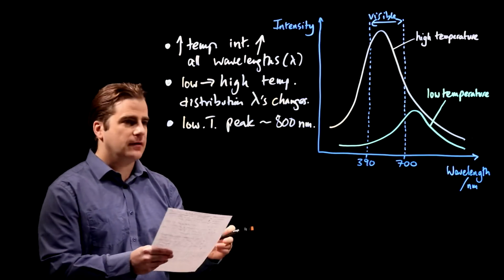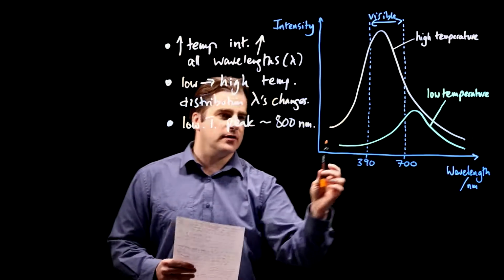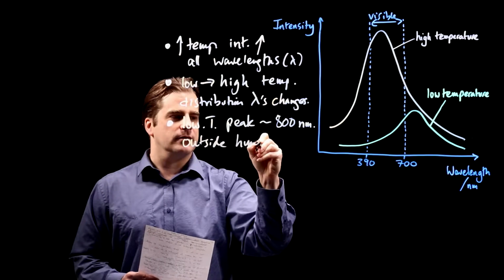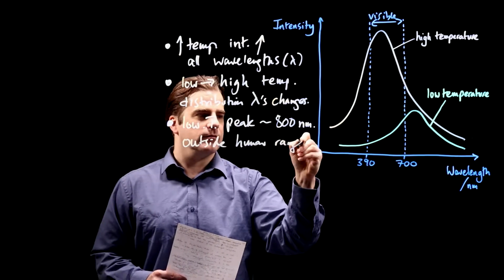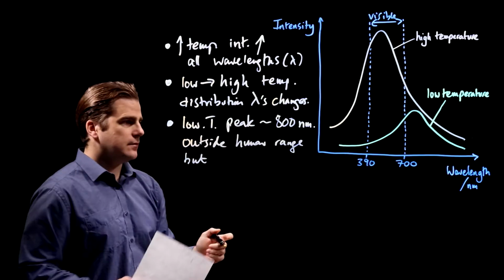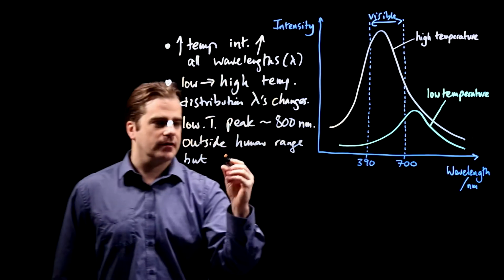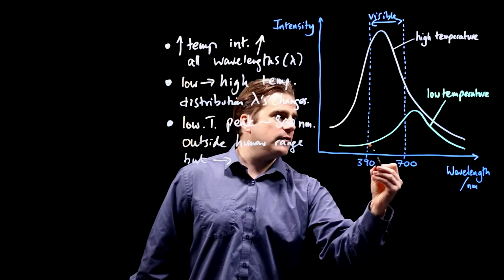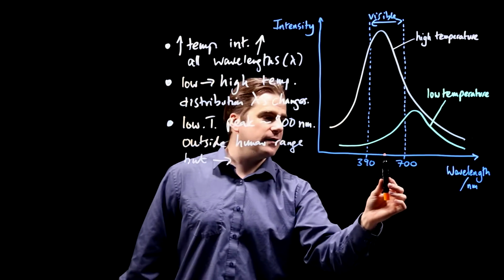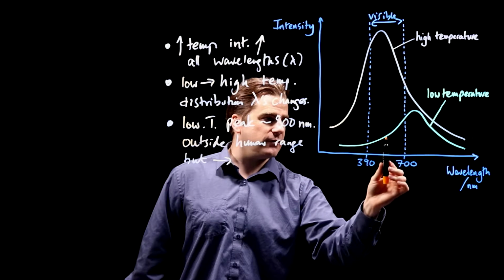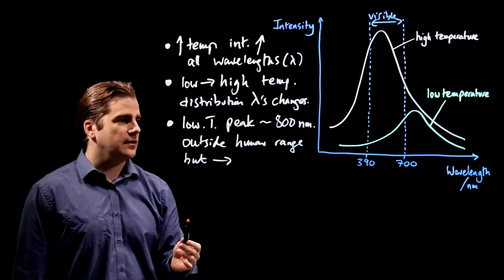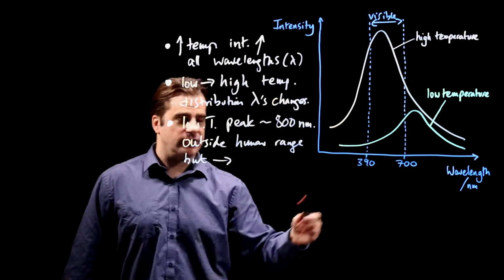So, at low temperature, the peak is around 800. This is outside the human visible range, but it gives the low temperature curve greater intensities in the red region, the 550 to 700 nanometer range. Therefore, at low temperatures it appears more red.